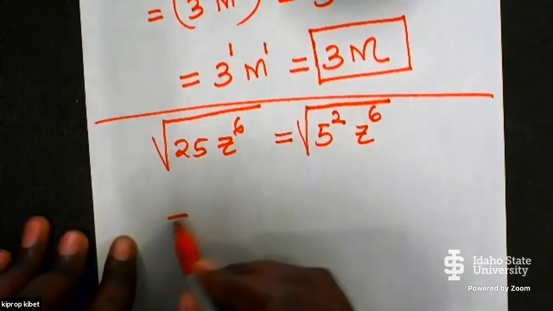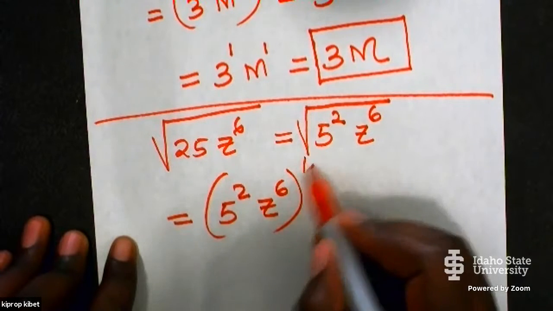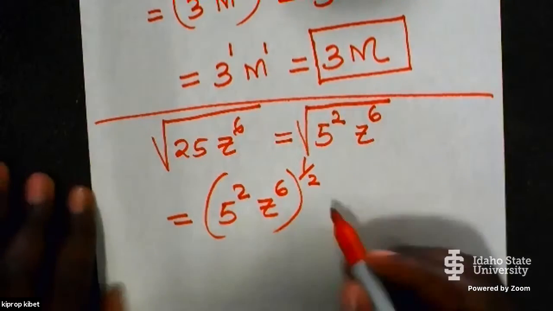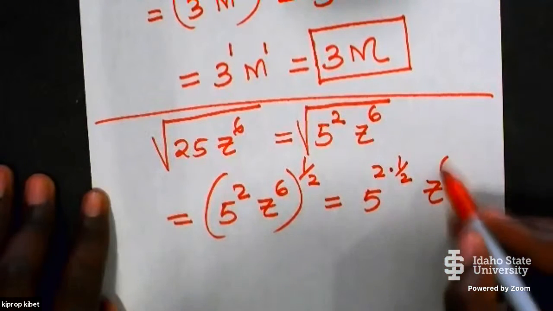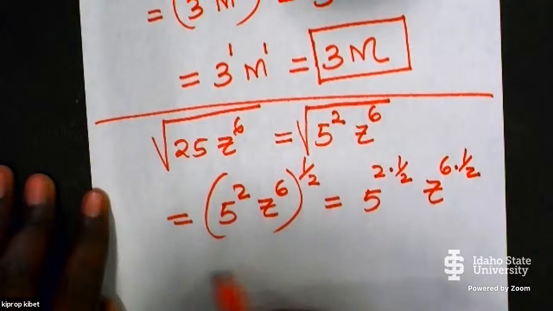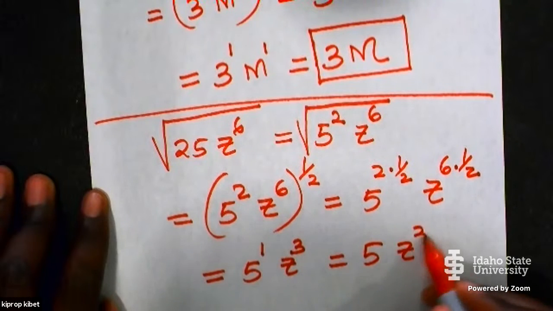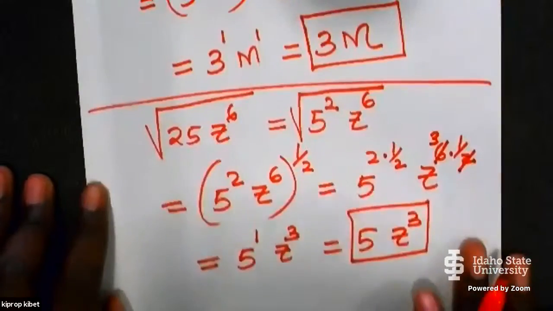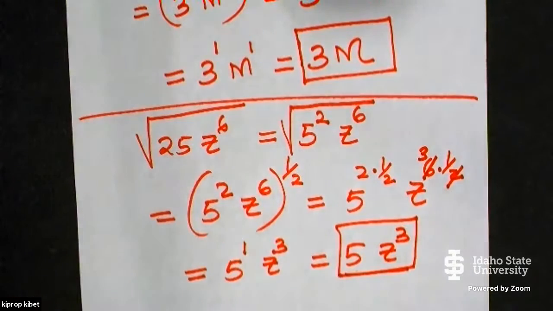So this equals 5 raised to 2, z raised to 6, all raised to 1 over 2, and then it distributes the power. So this is similar to 5 raised to 2 times 1 over 2, z raised to 6 times 1 over 2. And finally, this equals 5 raised to 1, z raised to 3, which is 5 and z raised to 3. Because this will cancel, and that we get 3. So you get z raised to 3.